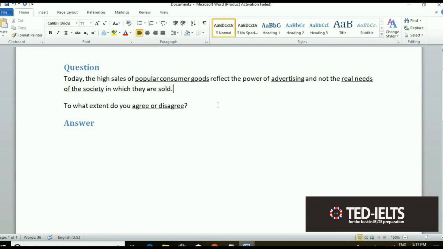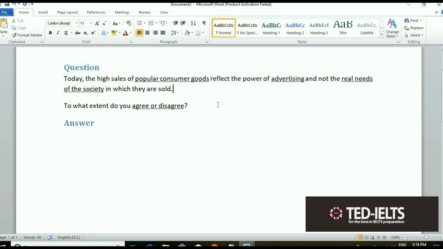So why is it that we have certain products like an iPhone or a pair of Nike trainers that sell millions and millions of units and make their company super wealthy compared to some perhaps more important products that don't sell so well?